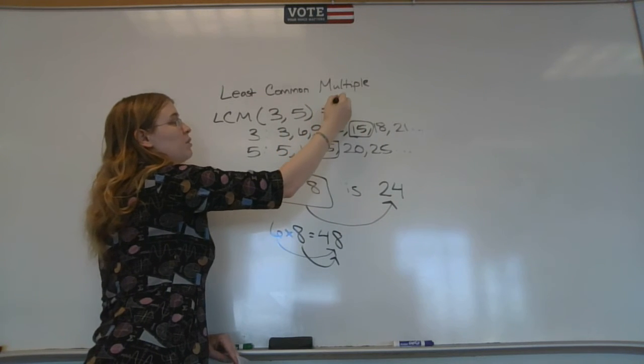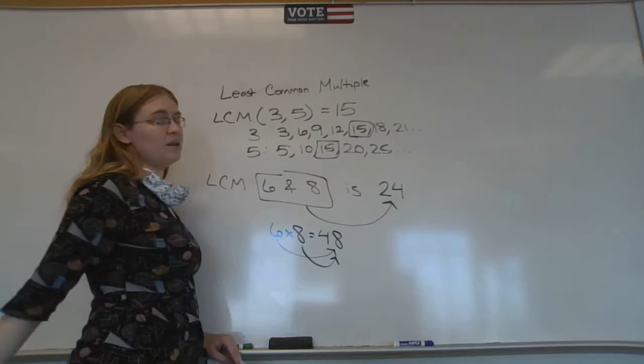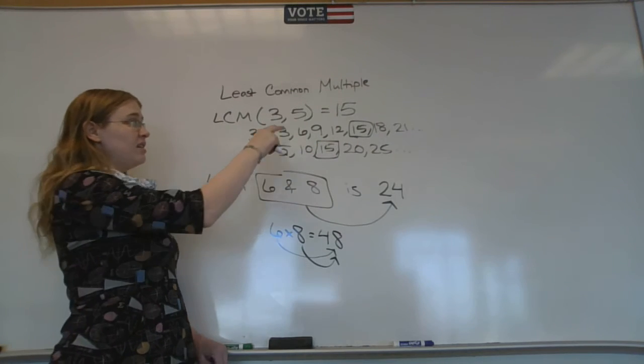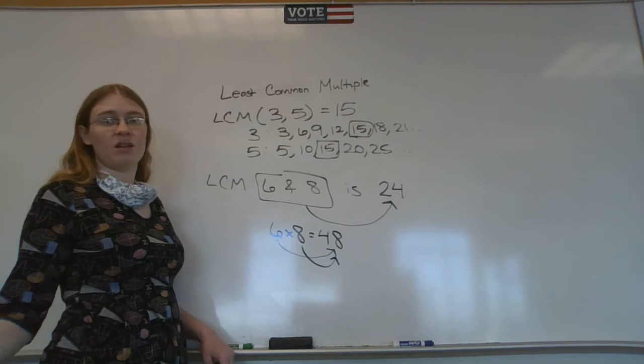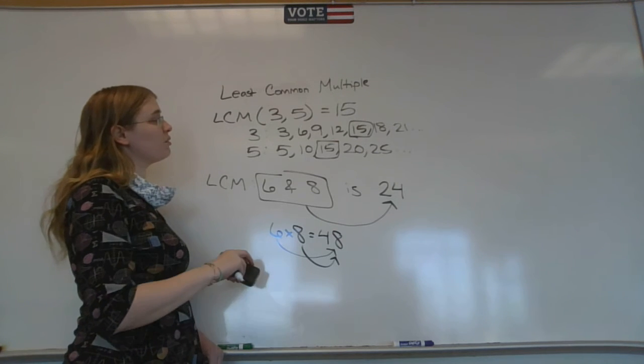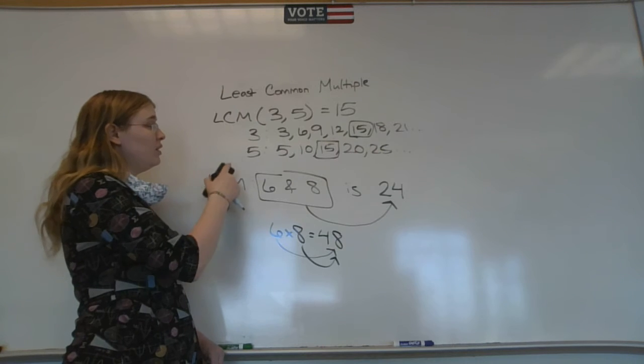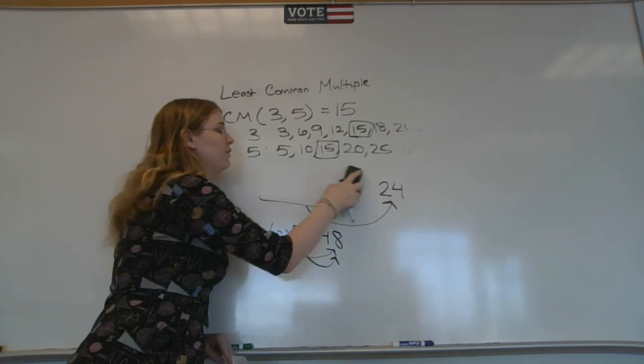So the least common multiple of 3 and 5 is 15. And in that case, it is just 3 times 5, right? That time, just multiplying them together worked. But got to double check.